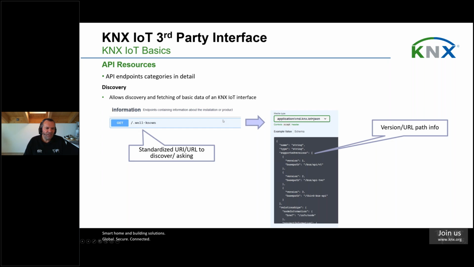Sure, we also have the possibility to discover such an interface. Discovery means: tell me how many interfaces are available in such a domain. For this, we are also using standardized things like the well-known core.